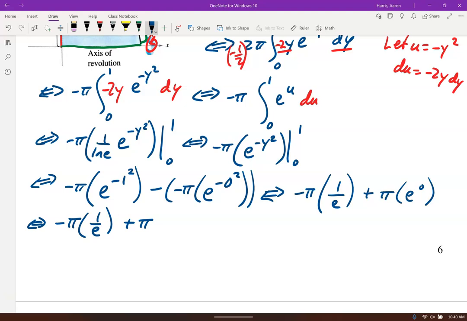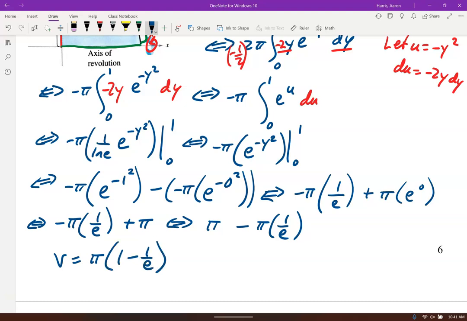Let me do that as pi minus pi 1 over e. And so if I take a pi out, I would have 1 minus 1 over e on that. Or you punch that in.